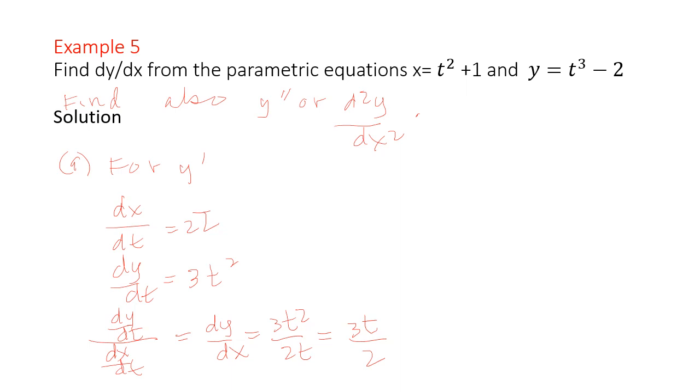So for B, y double prime, or d squared y over dx squared, equals d over dt of dy over dx, then dt over dx.